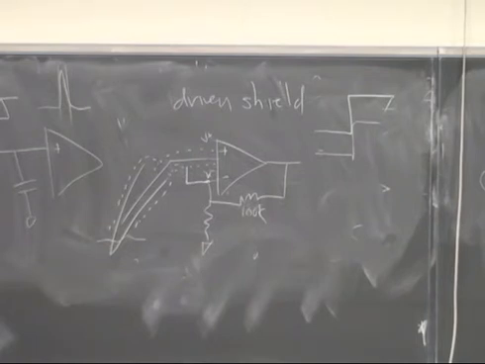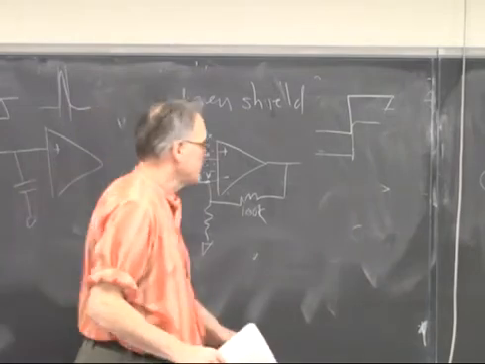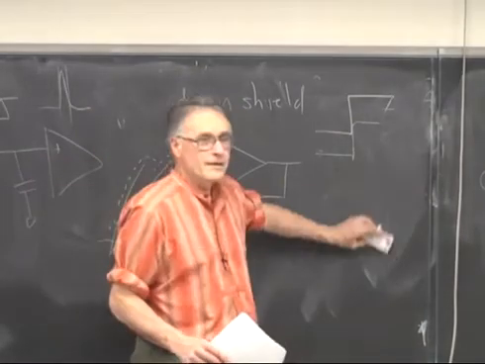But you can even do better than a driven shield. So if you're worried about capacitance, if you're worried about bandwidth, the first thing you always do is add a driven shield to the system. The next thing you do is to add a negative capacitor.